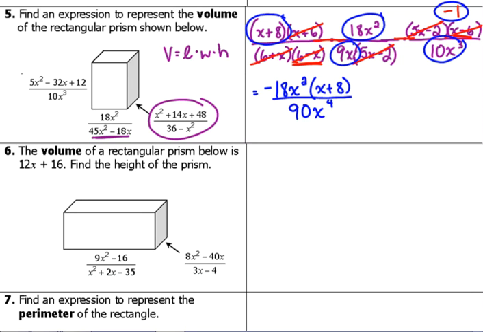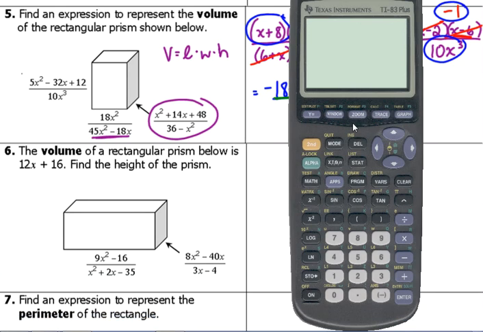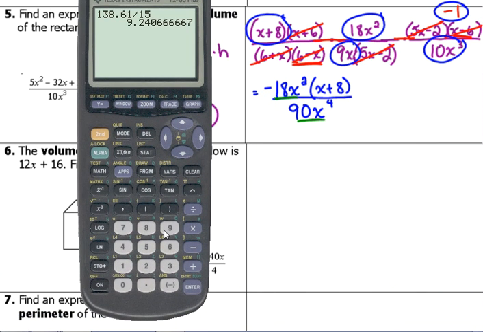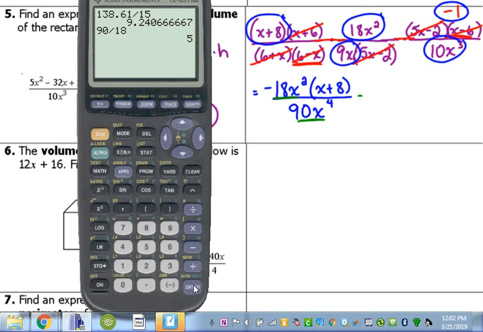Then we can simplify with our 18x squared and our 90x to the 4th. I believe that 18 is a factor of 90. 90 divided by 18, is it 40? Or not 40, 5. Okay, it is 5. So that means we've got a negative with our x plus 8 over here. 18 over 90 is 1 over 5, so the 5 goes on the bottom.